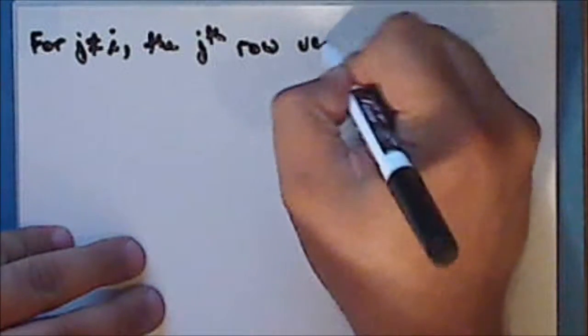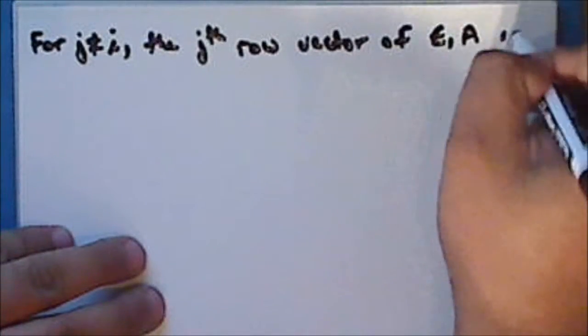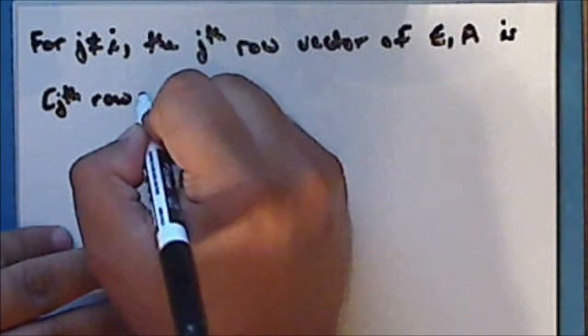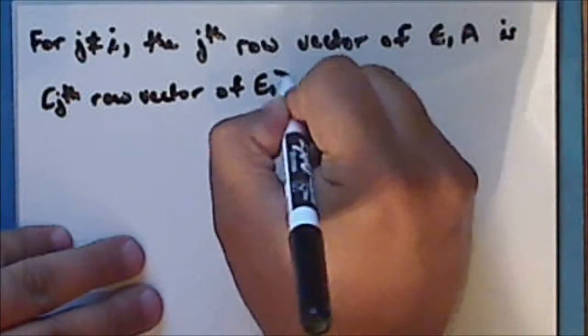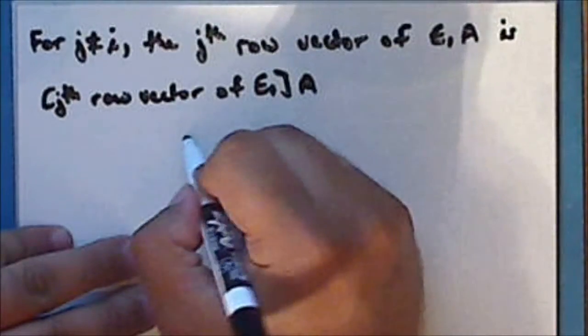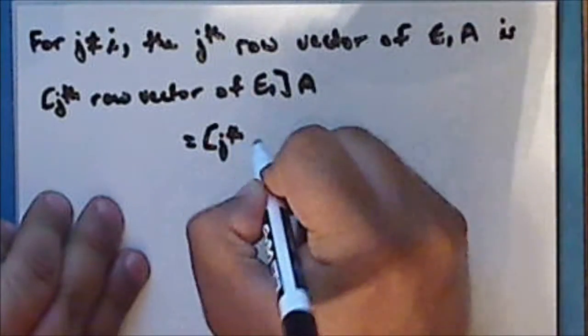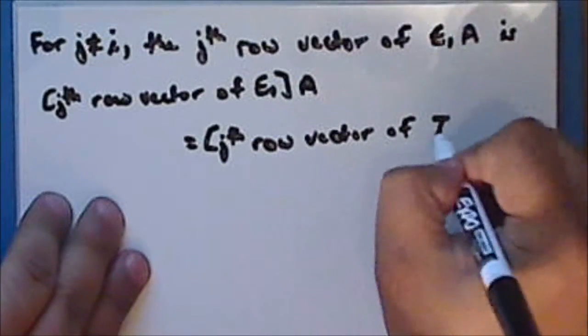Now for the index j not equal to I, the jth row vector of the product E sub 1 times A is the jth row vector of the matrix E sub 1 times the matrix A, and the jth row vector of E sub 1 is the same as the jth row vector of the identity.